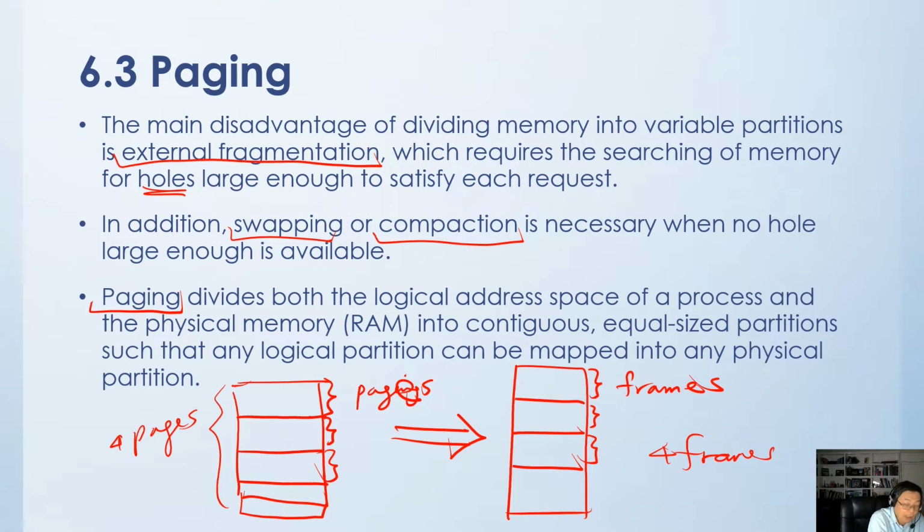The good thing with paging is that you don't have to find all 4 frames in contiguous memory locations. These 4 frames could be scattered all over the physical memory. So in order to map the pages into frames, you don't have to map all 4 pages into the same location in the physical memory. So this may resolve the issue of external fragmentation.